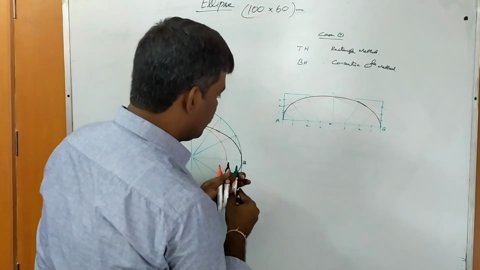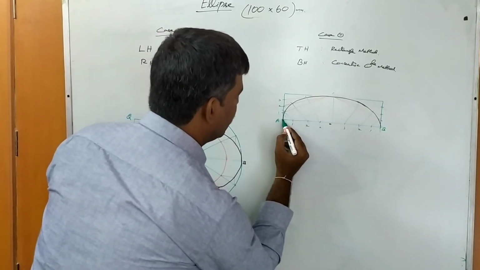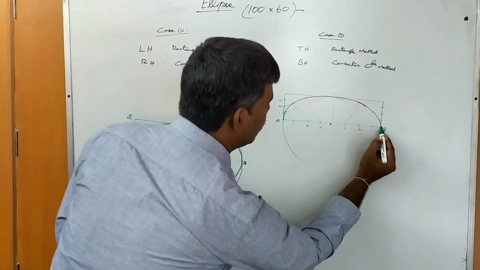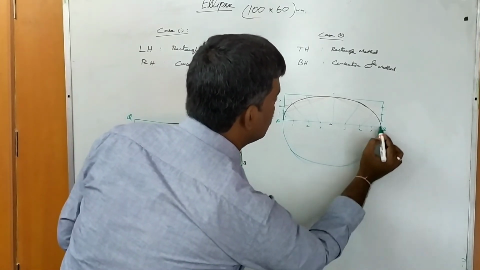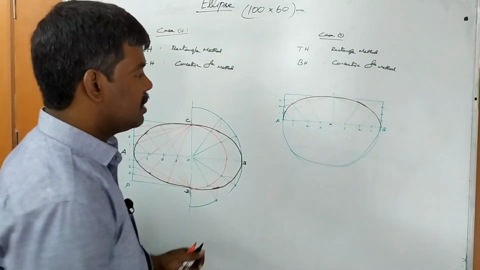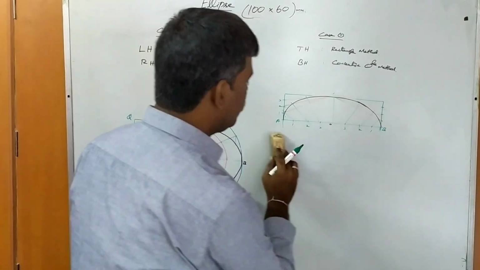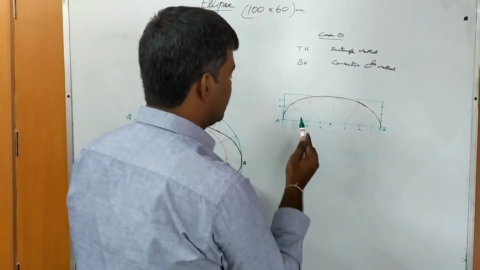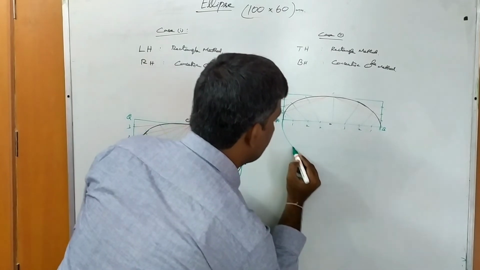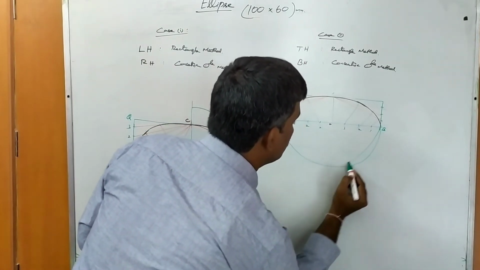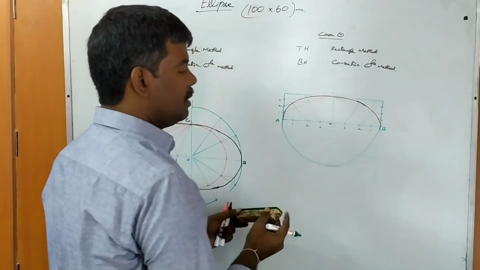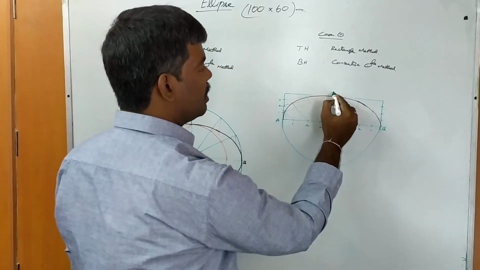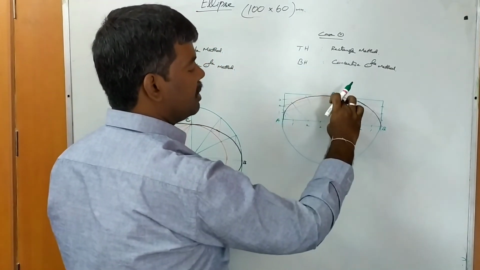So you draw one semicircle. Clear? You draw one semicircle here, 50 as the radius, right? Semicircle. And next one is minor axis size, how much? 60 means it is 30.